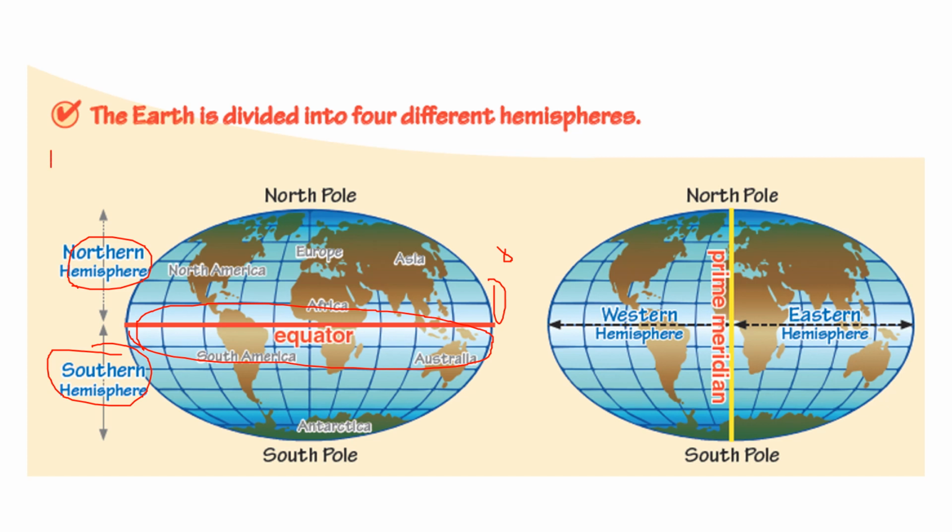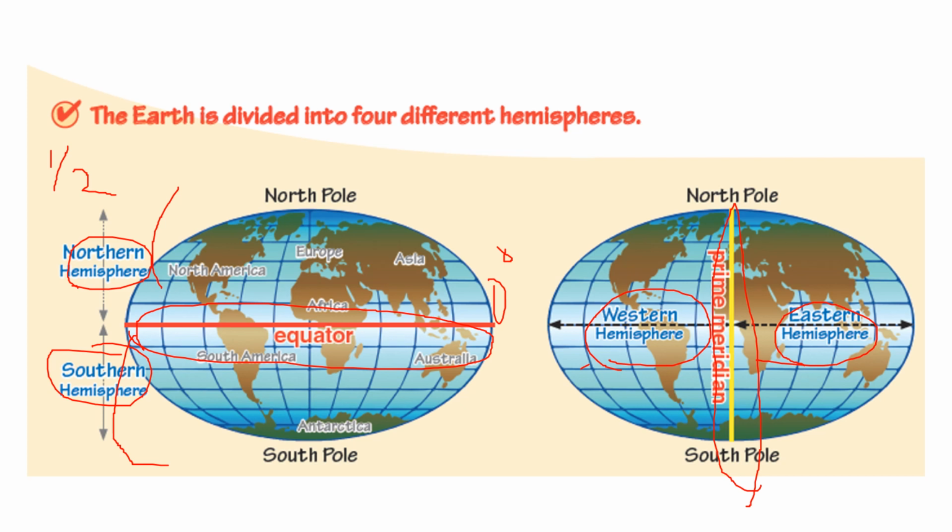A hemisphere is 1/2 of the earth. So equator를 따라서 North Hemisphere and Southern Hemisphere 이렇게 두 가지로 나뉠 수가 있대요. Then what about over here? The prime meridian. Right? So we have the Western Hemisphere and the Eastern Hemisphere.